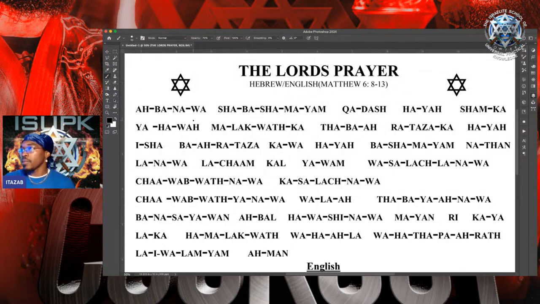Okay, so we have Abba Nawa, right? Let's make the color different. All right, so this is how you spell Abanawa in Hebrew. Abanawa, right, which means our Father.